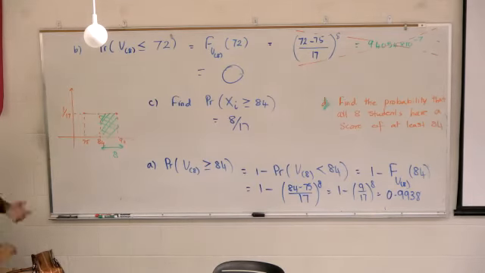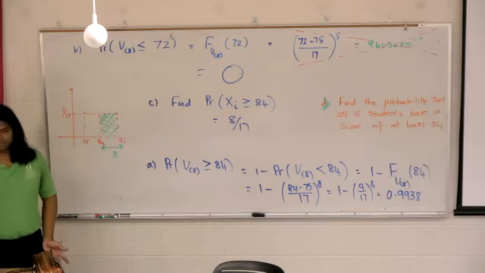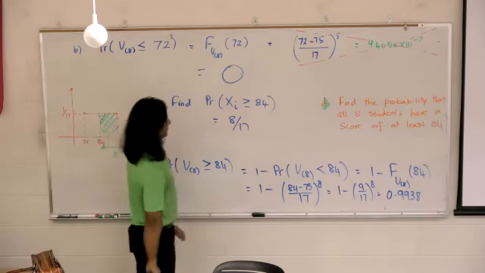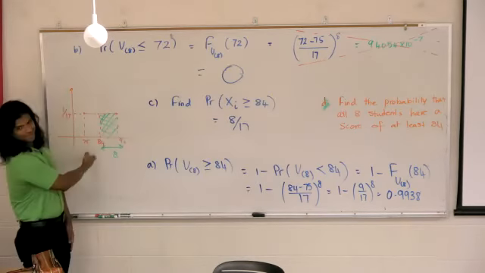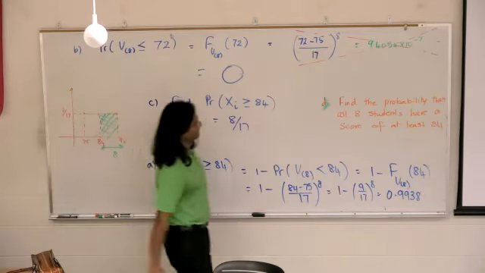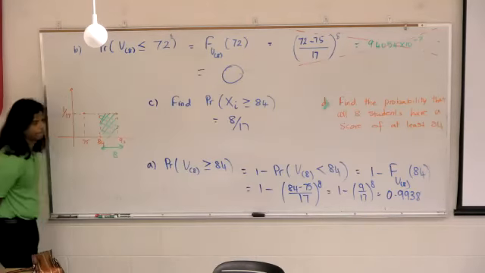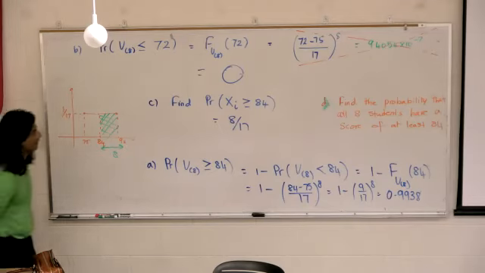What is the probability that if I pick one student, that student's score is at least 84? 8 out of 17, close to 50%. Which makes sense. We haven't gotten to the PDF yet.